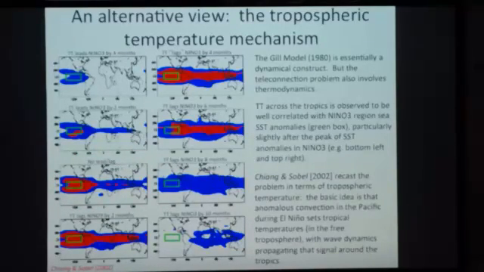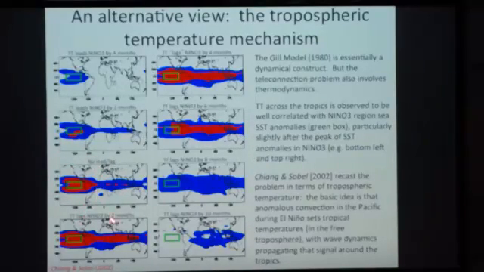These are for monthly means. So as you might expect, where you have this anomalous convection, it's developing a strong correlation with the temperature up above. Anomalous convection heats the free troposphere up above, giving you a positive correlation.